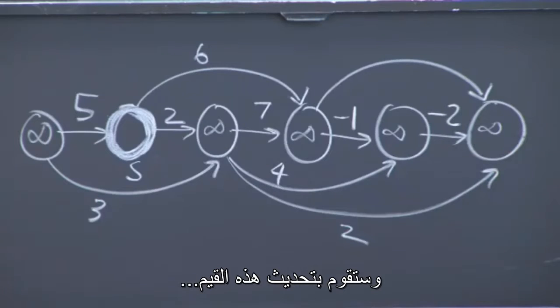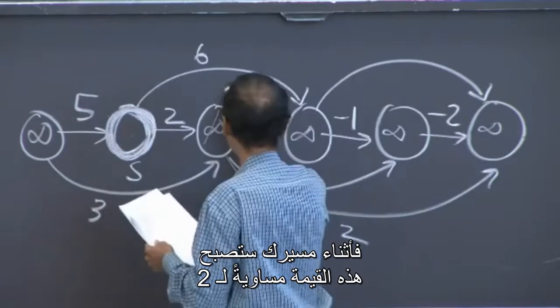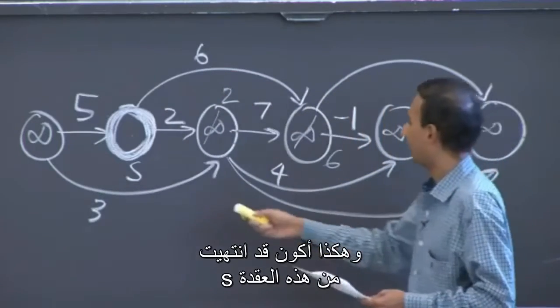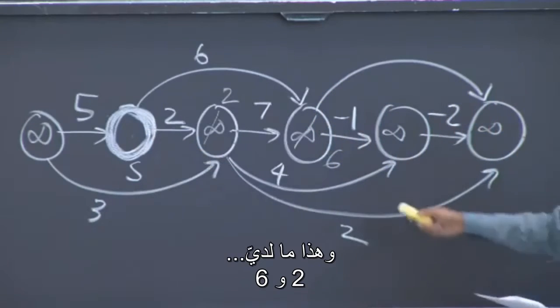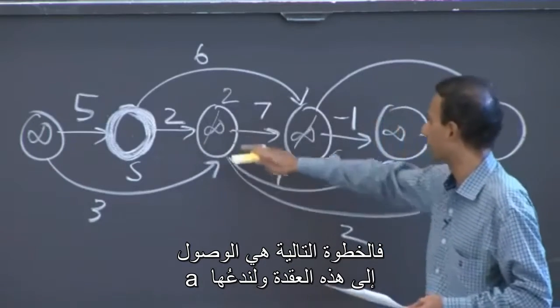And you're going to update those values. And so when you go like so, this becomes 2. This becomes 6 as I follow that. And I'm done with this vertex S, and this is what I have, 2 and 6. So the next step is to get to this vertex.